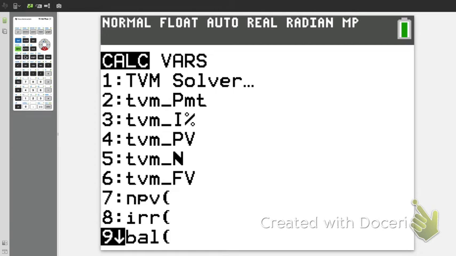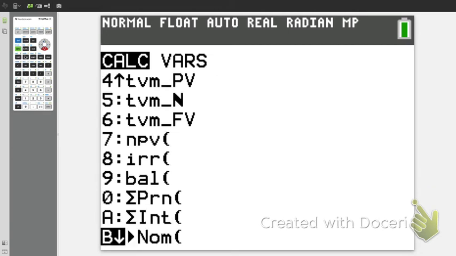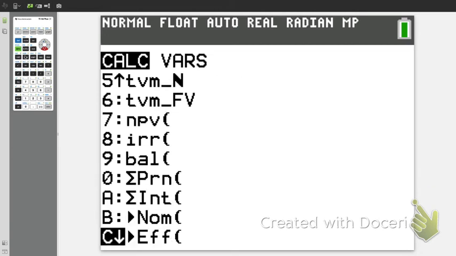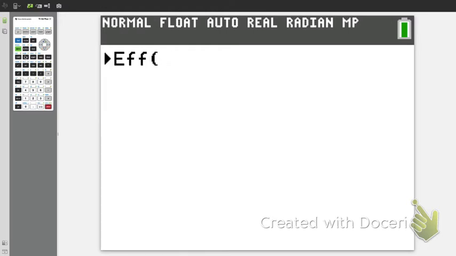So I find the one that says EFF, which is all the way down at C. And remember, this command required us to put in the rate, or the interest rate first. So that drops this in here. What interest rate are we starting with? This is example 2, yeah? So 5% compounded continuously.